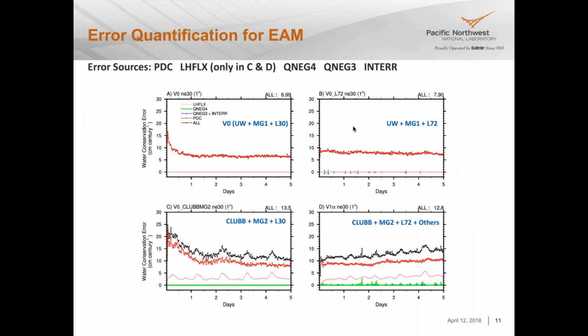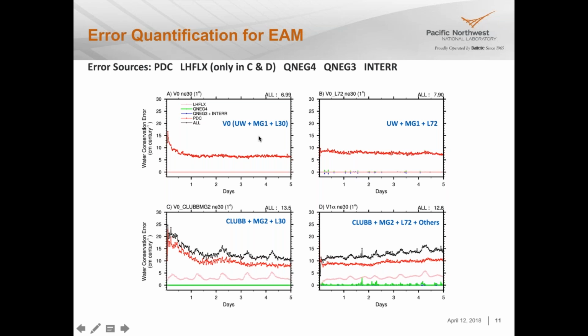So there are 5 error sources: physics-dynamics coupling, or at the interface between CLUBB and the EAM model, QNAC4, QNAC3, and internal errors in the physical parameterizations. And we did experiments using different configurations of the model.